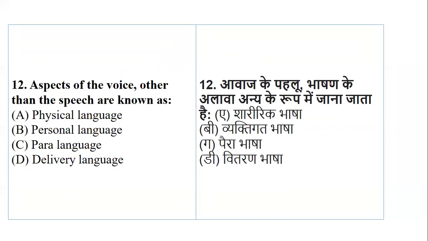So aspect of voice indicates physical language, personal language, para language, or delivery language. It only indicates para language, where we consider all the aspects of voice, and hence it is the aspect of the voice other than speech.